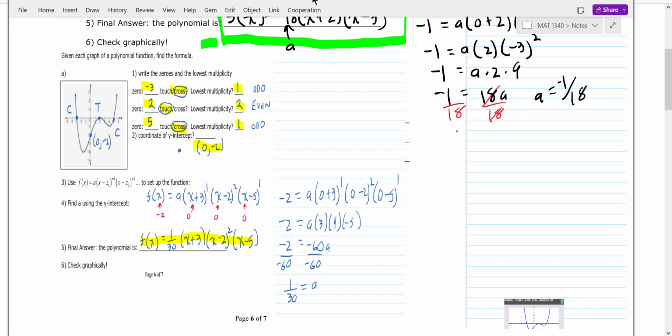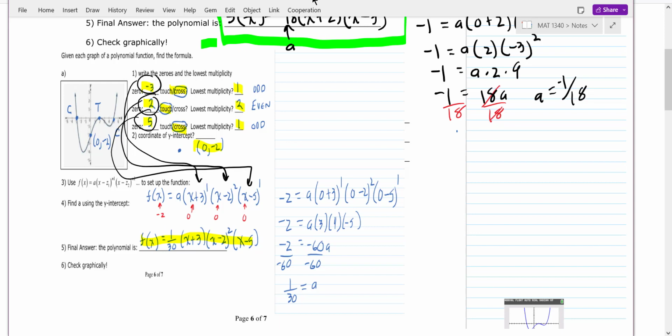When you put this together, it goes like this. The -3 ends up being x plus 3 to the first, because the multiplicity is 1. The 2 is ultimately going to be x minus 2 to the second. The 5 will give you the factor x minus 5 to the first.